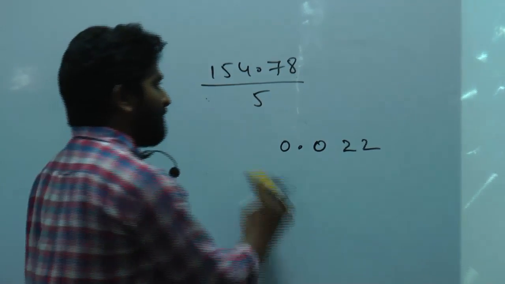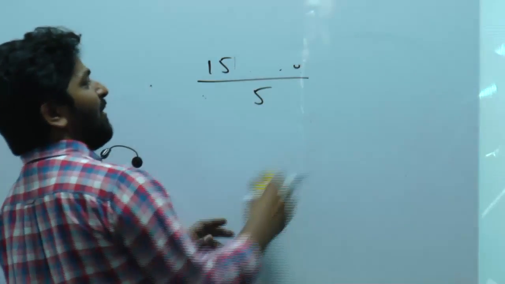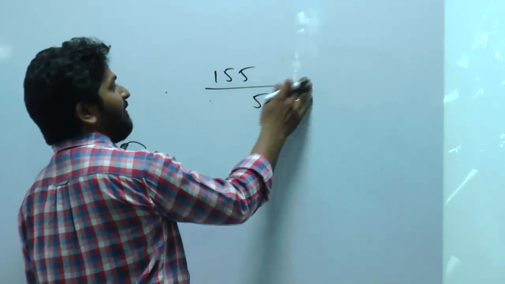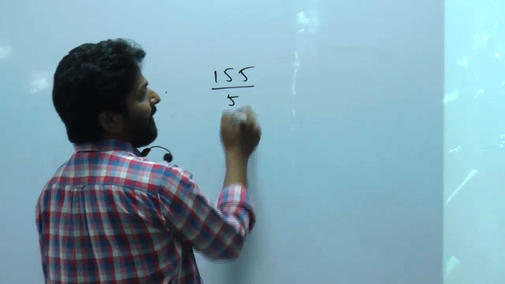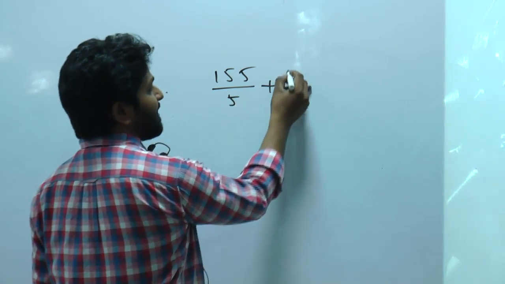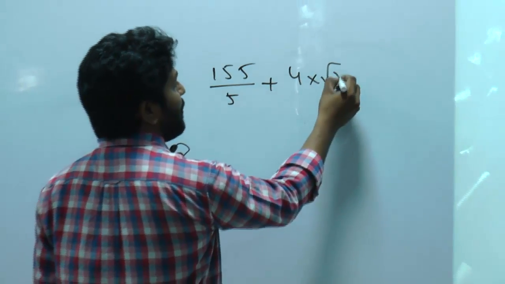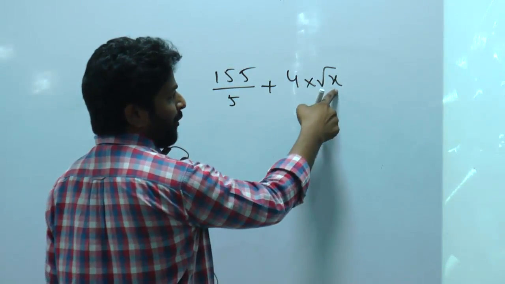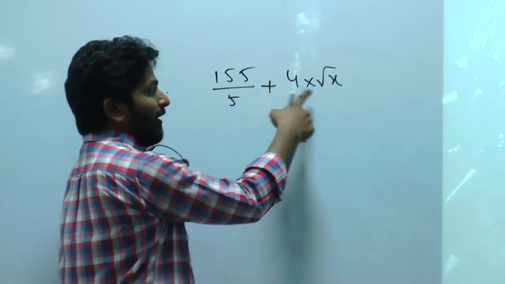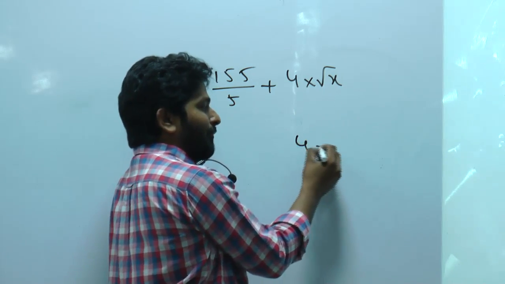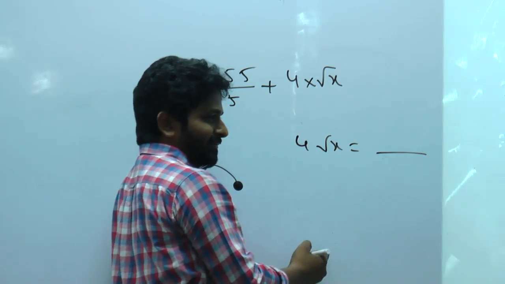Yes? So comfortably I can write this number as 155 divided by 5 plus 4 into root x. So when root x is multiplied by 4 to get your x value, 4 root x is equal to something you will get.